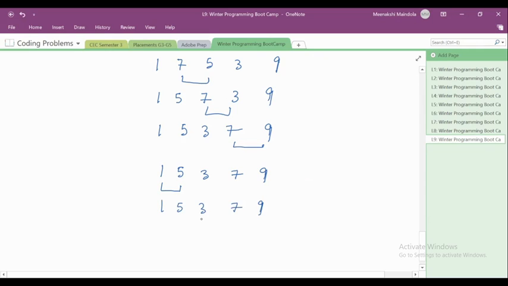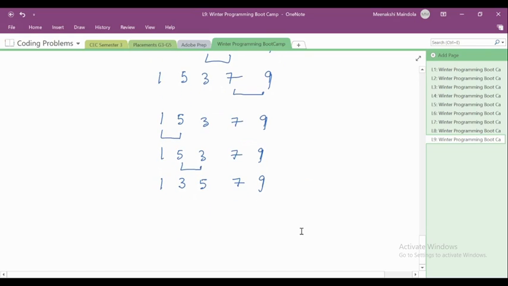You compare 5 and 3 now, but you see that the lighter bubble is behind the heavier bubble. So you bring the lighter bubble ahead, and you have this as your output after you swap these two numbers. Then you compare these two numbers and you see that they are already at their correct position, and similarly you compare these two elements as well.